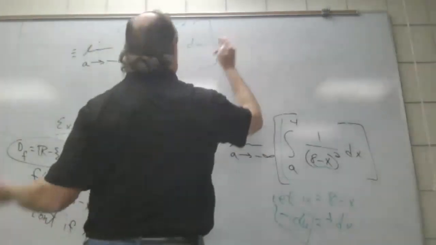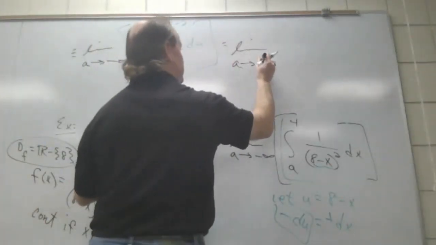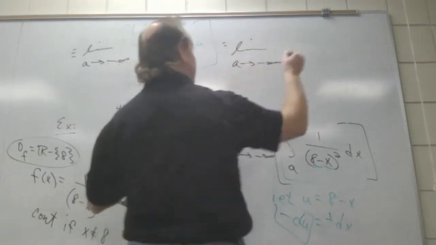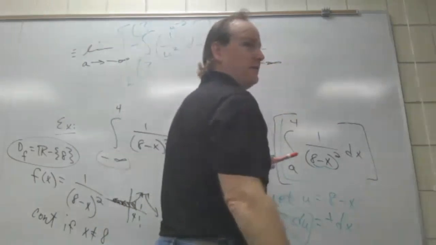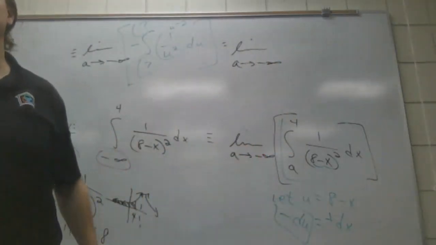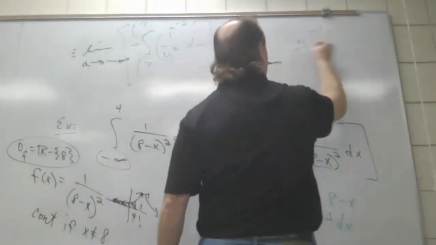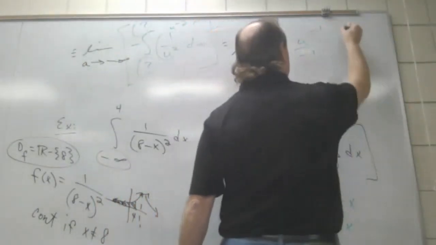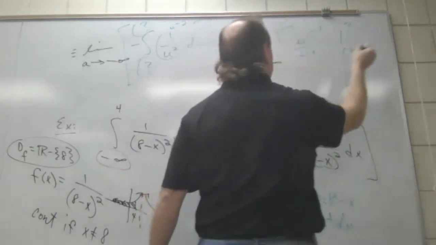So what's the antiderivative of that? So its limit as a goes to negative infinity of what? What's the antiderivative of u to the minus second power? Power rule, add 1, divide by that. U to the minus 1 over minus 1, evaluated from I don't know to I don't know.